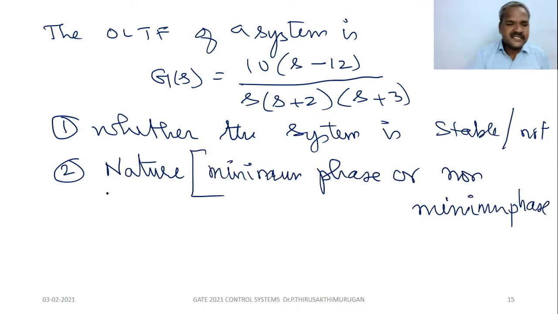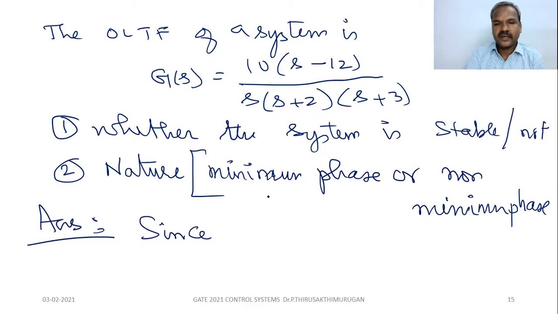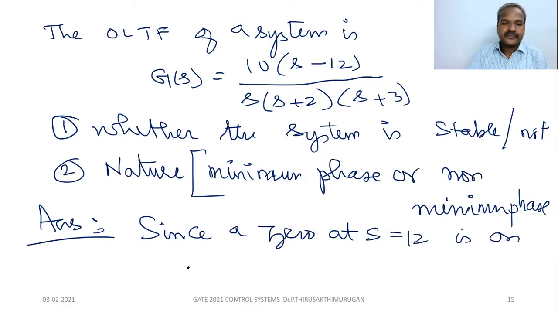Okay. Since there is a zero at the right hand side of the S plane. The zero at S equal to 12 is on the right hand side of the S plane.